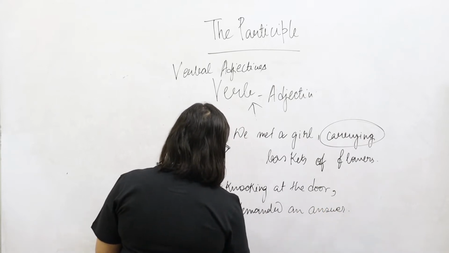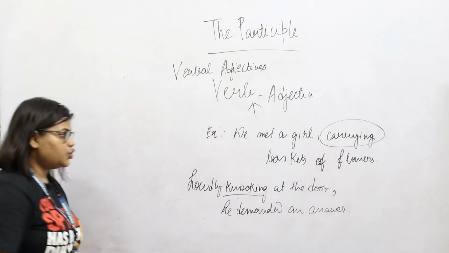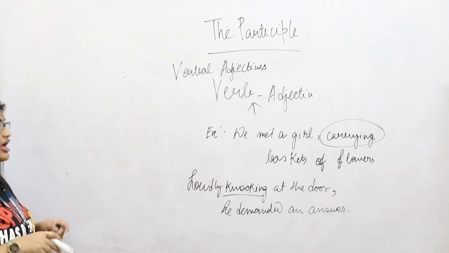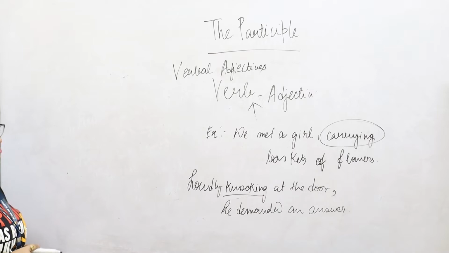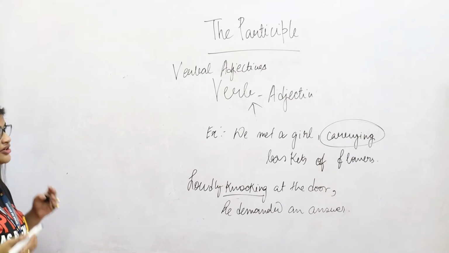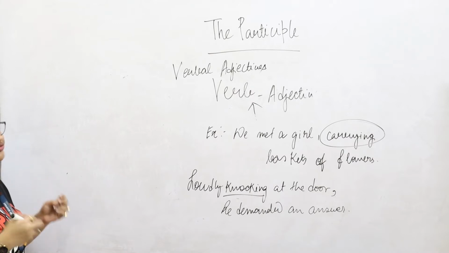Once again, we are using the word knocking as a verb as well as an adjective. Loudly knocking at the door, he demanded an answer. So once again, this is not a noun and a verb. It is an adjective and a verb, and that is how it is different from a gerund.